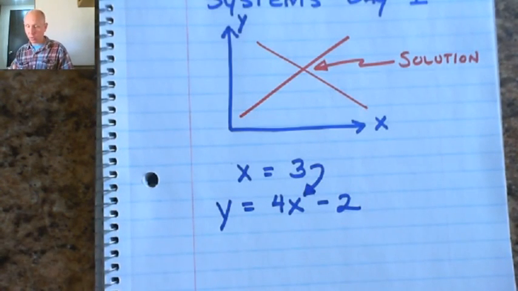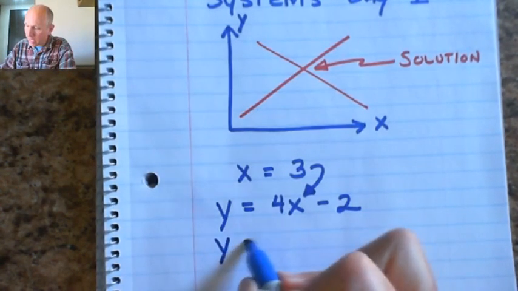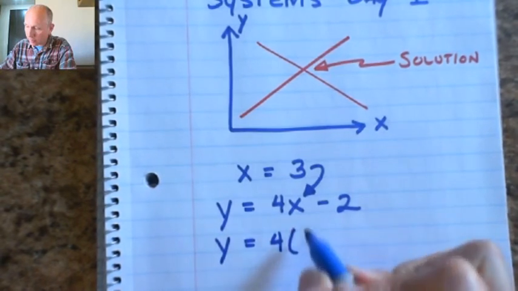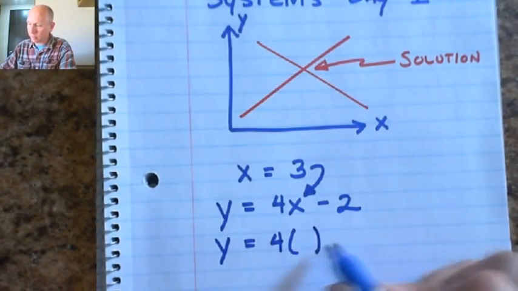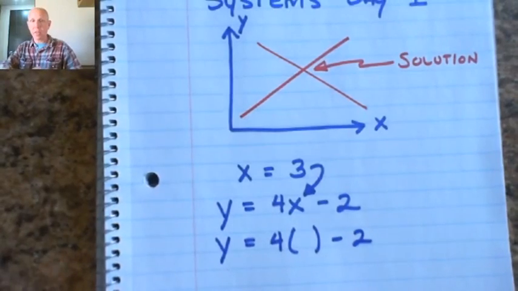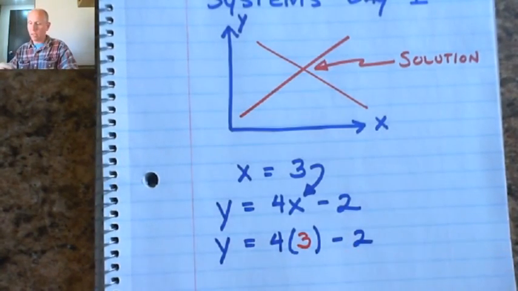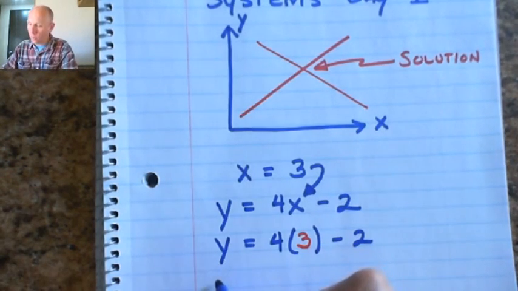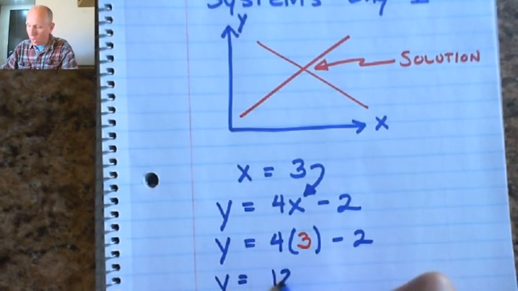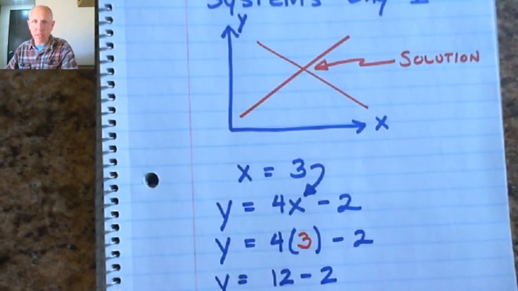If x equals 3 and y equals 4x minus 2, let's plug in the 3 and see what we get. And that's today's lesson right there. So y equals 4, plugging in the 3. That 3, I'm going to plug it in right there. And what comes out? We'll have y equals 12 minus 2, or y equals 10.